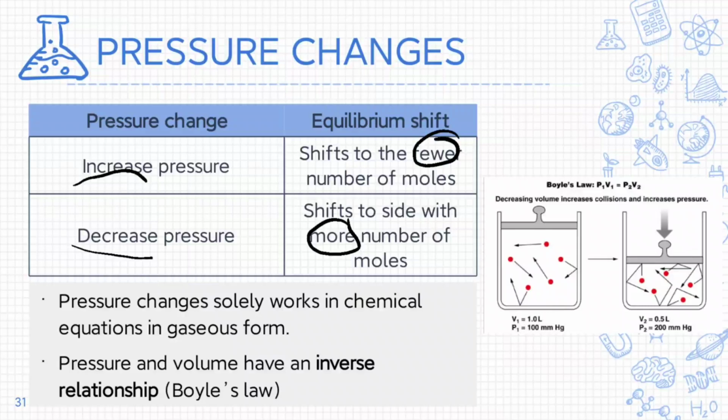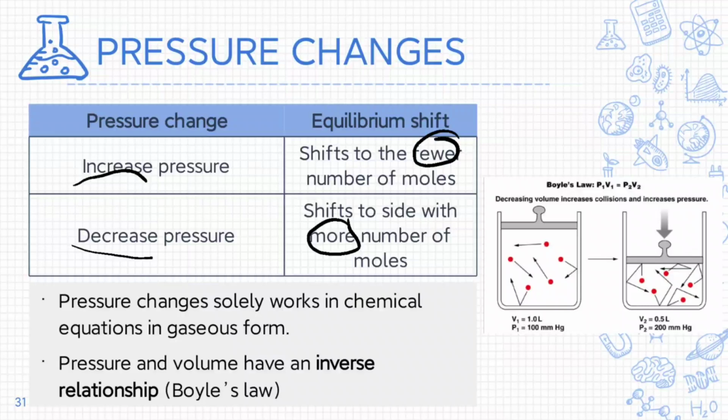Pressure changes solely work in chemical equations in gaseous form. Again, that's why we remove pure solids and pure liquids in our equations, right? If you remember that. And pressure and volume have an inverse relationship according to Boyle's law.